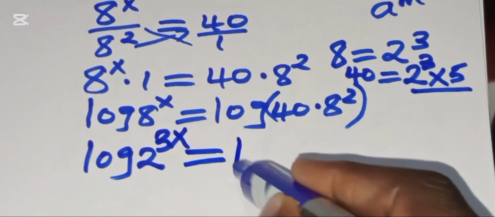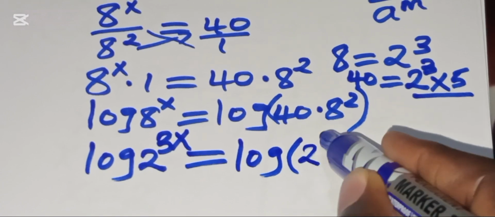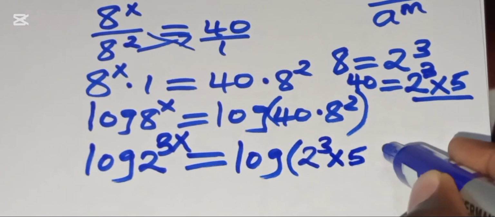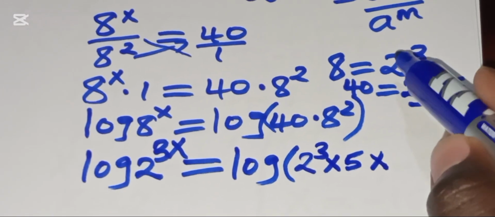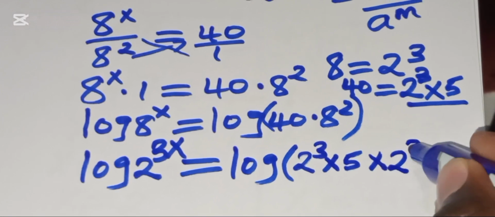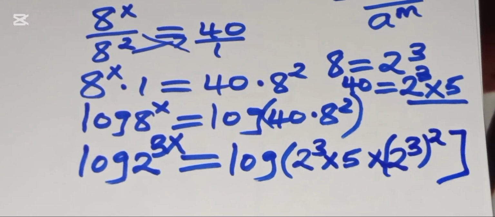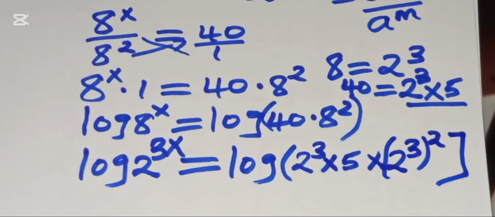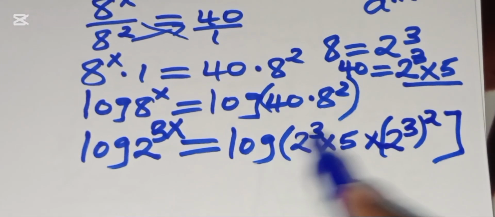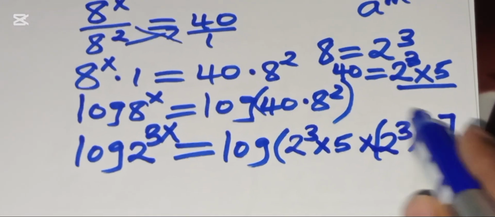This is equal to log, in the bracket, 2 raised to power 3 multiplied by 5 multiplied by 8 squared, and 8 can be expressed as 2 raised to power 3, so this is 2 raised to power 3 squared. Then we close the bracket. Taking the right hand side, this is log of 2 raised to power 3 times 5 times 2 raised to power 3 squared.